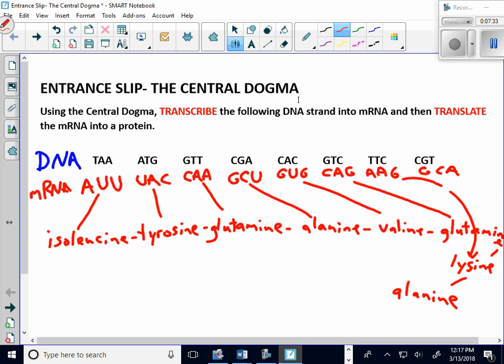You have now made a strand of 1, 2, 3, 4, 5, 6, 7, 8 amino acids, right? Now, how many bases did it take to get those 8 amino acids? Should be 24, right? Because what's 8 times 3? 24. Okay? So there should be 24 letters across there, if you would count them, because every 3 bases give us an amino acid, right?